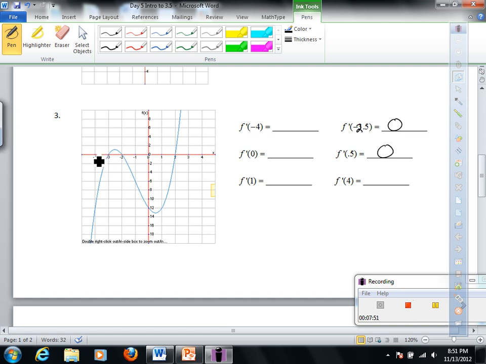If I draw a tangent line at -4, a line that touches the graph in just one place, it looks like this slope might be 8: up 8 and over 1, give or take. That's what it was when I estimated it.